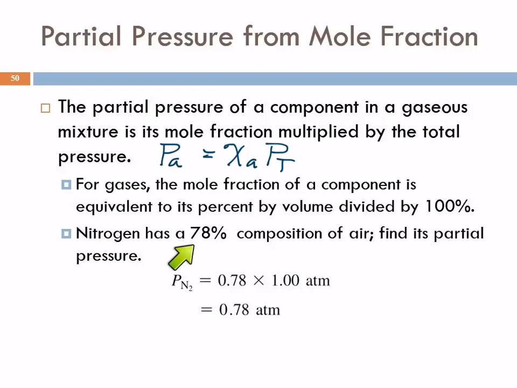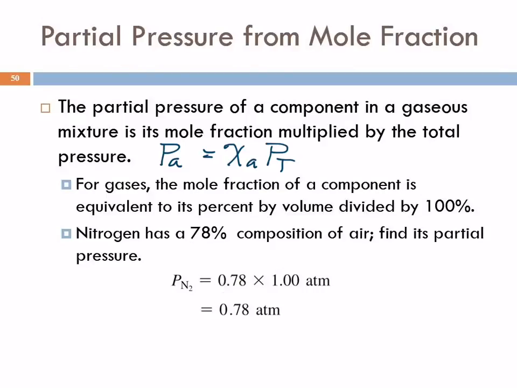So thinking about dry air, nitrogen is 78% of air. Well, how do we change a percentage into a fraction? Divide by 100. So if 78% is nitrogen, then 0.78 out of 1 is nitrogen. So here's the mole fraction.